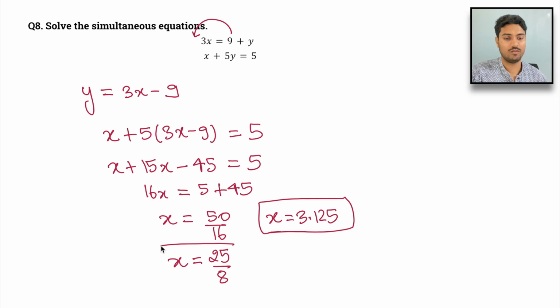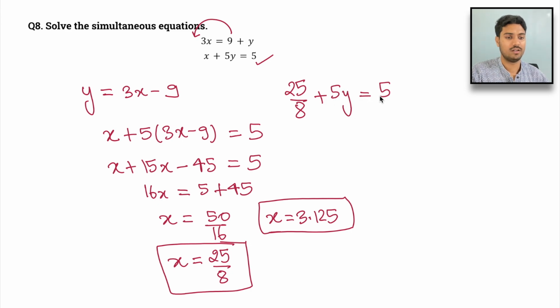But I'll substitute 25 over 8 in the second equation to find the value of y. So we have x as 25 over 8 plus 5y equals 5. So 5y equals 5 minus 25 over 8.